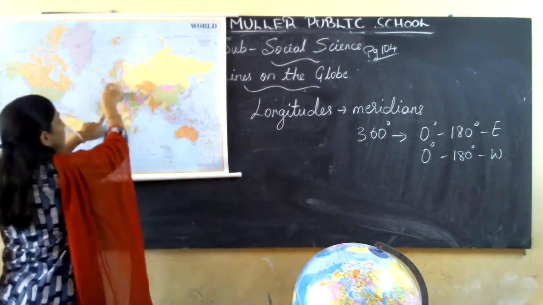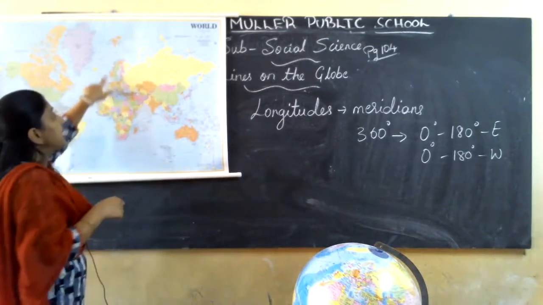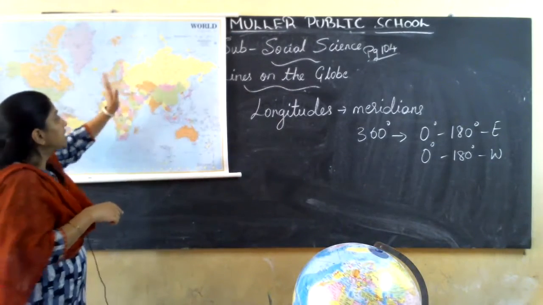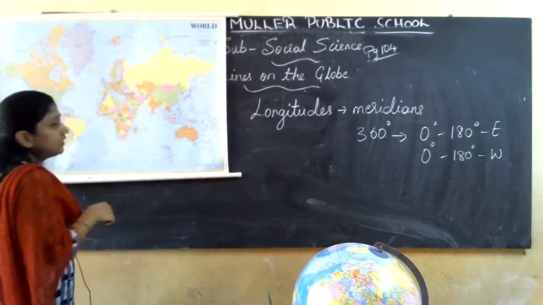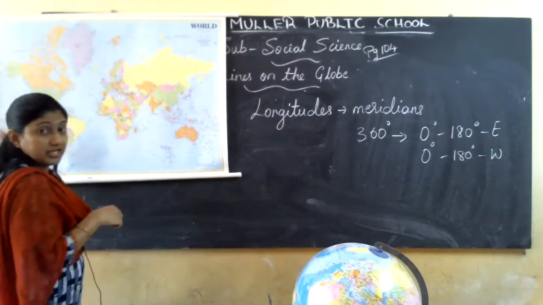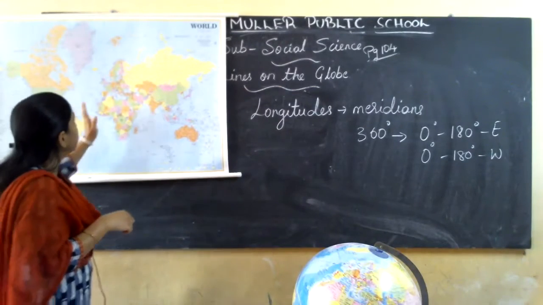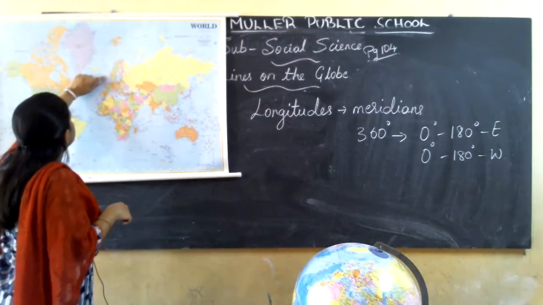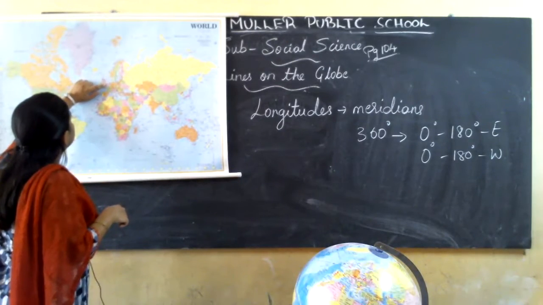The same way the prime meridian is numbered as 0-degree that divides the earth into the eastern hemisphere and the western hemisphere. So see, this is considered as the prime meridian that passes through Greenwich near London here.